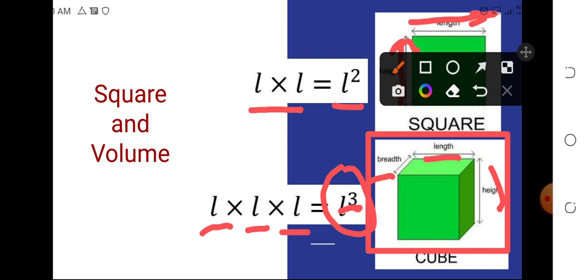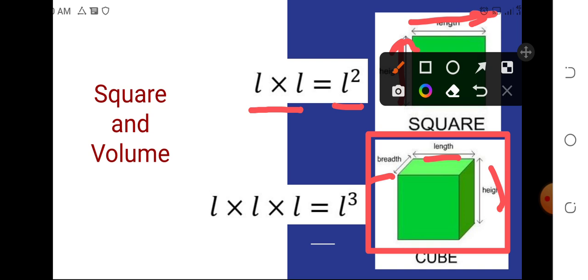If we find the volume of a cube, it must have cube.